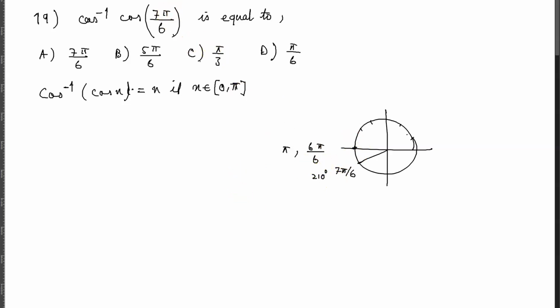So as you can see, the argument of the cos function is not in this range. It's not between 0 and pi. So you have to bring your angle back to some angle between 0 and pi.